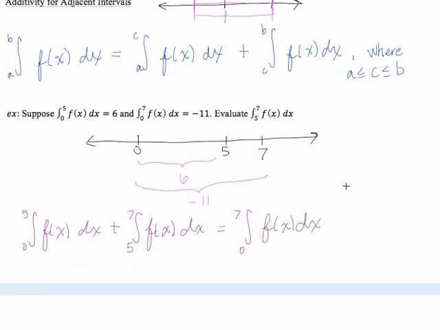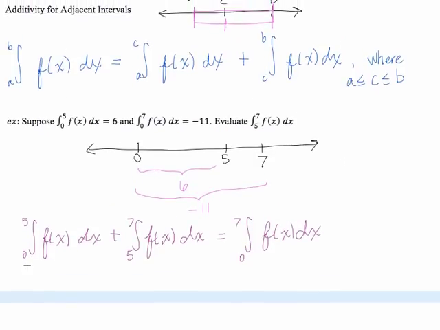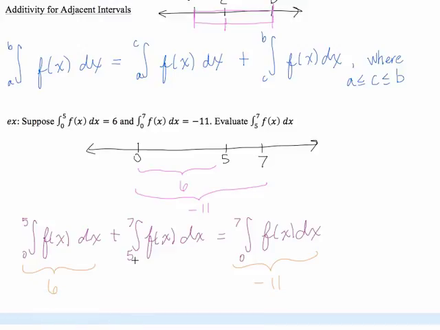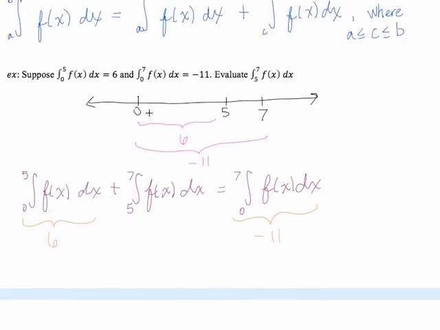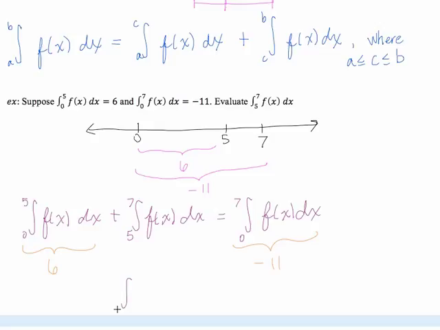So this whole first part becomes 6. And the integral from 0 to 7 is negative 11. So we have 6 plus this whole integral equals negative 11. Well, let's subtract 6 from both sides, and then we'll get that the integral from 5 to 7 of f of x dx equals negative 11 minus 6, or negative 17.